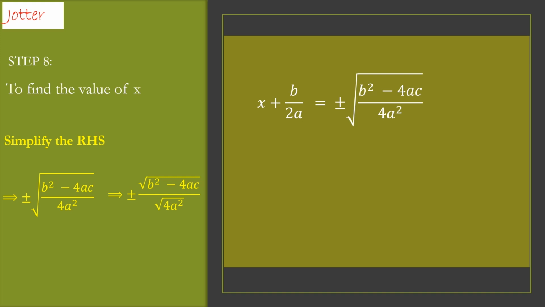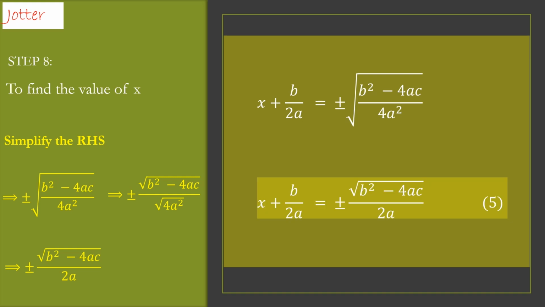So in that case, we now have the square root of b squared minus 4ac in the numerator, and then the denominator will become 2a, because the square root of 4 is 2, and the square root of a squared is a. So this makes our expression above x plus b over 2a equals plus or minus the square root of b squared minus 4ac over 2a.